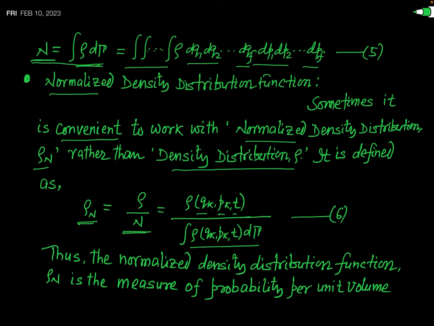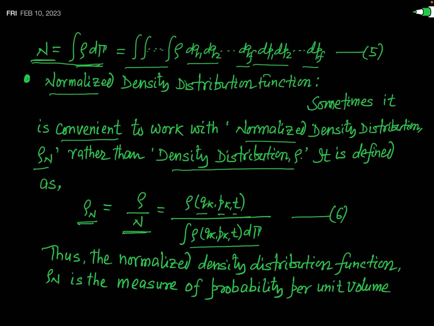Rho is the number of phase points in unit volume of phase space, and N is the number of phase points in the total volume of the phase space. So you can interpret this rho n just as the probability measure of the number of phase points per unit volume in different parts of the phase space. So physically, this normalized density distribution function means the probability per unit volume of finding phase points in different parts of the phase space.